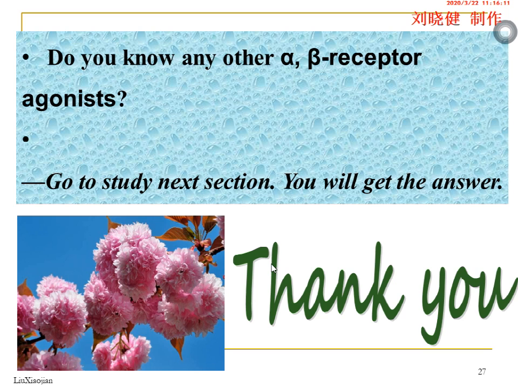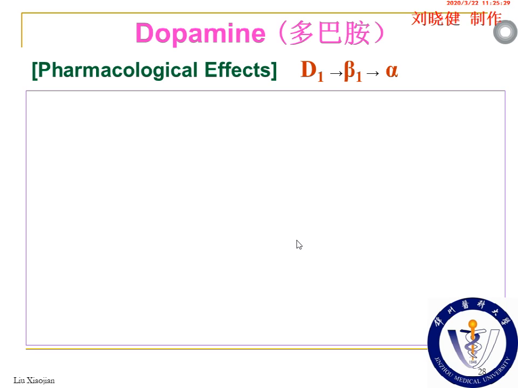So do you know any other alpha beta receptor agonists? Alpha and beta receptor agonists also include dopamine, ephedrine, and other agents. Here, let me introduce dopamine. Do you still remember? I also introduced the dopamine receptor in this chapter, because dopamine can activate the dopamine receptor, its own receptor.